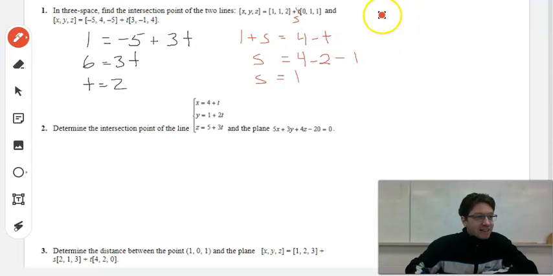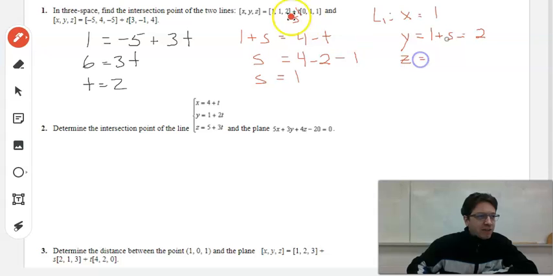So let's try x. We'll do line 1. They're not really labeled, but let's say the first one is line 1. So we have x is 1 plus 0, so just 1. y is 1 plus s, and since s is 1, that's 2.